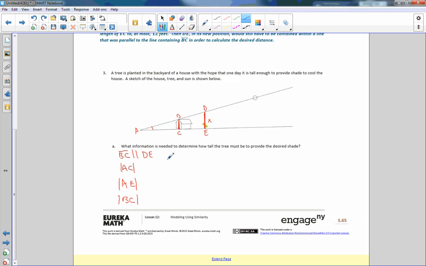We know angle A is congruent to itself, and if they're parallel, angle ACB is congruent to angle AED. And then I'd have to know the length from the point the shade starts to the house and the point the shade starts to the tree. That would be enough information.